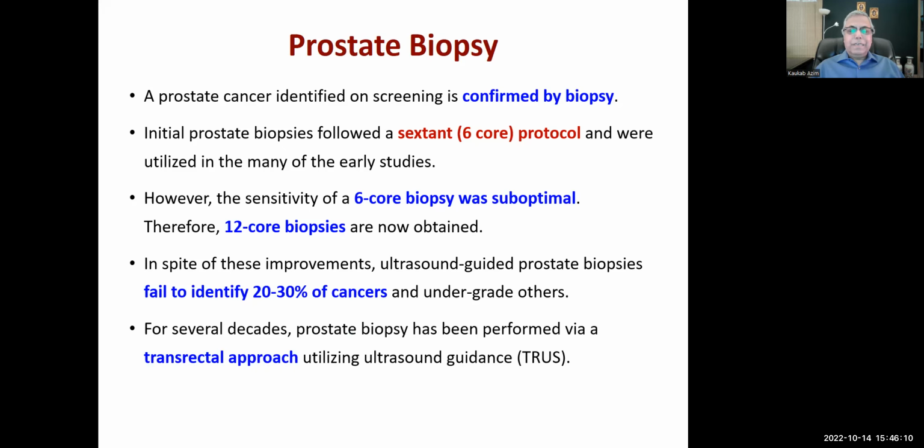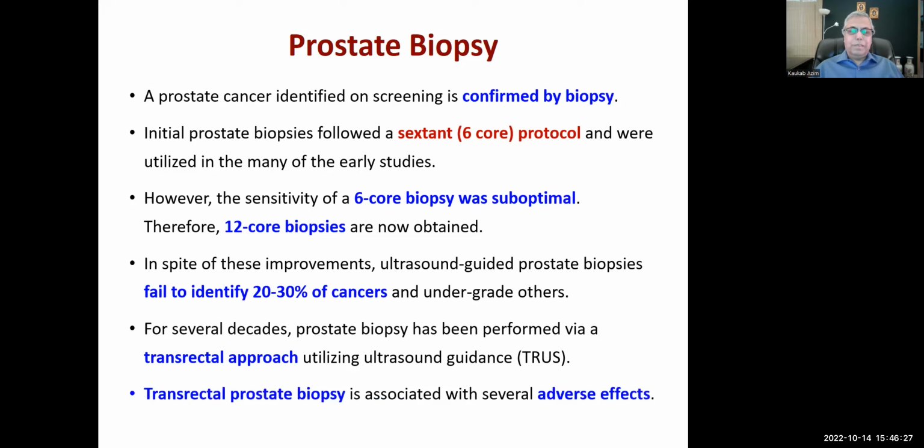For several decades, prostate biopsy has been performed via a transrectal approach utilizing ultrasound guidance. This is known as TRUS. TRUS stands for transrectal ultrasound. But this transrectal approach has certain problems. It is associated with adverse effects like rectal bleeding, hematuria, or urinary tract infections.